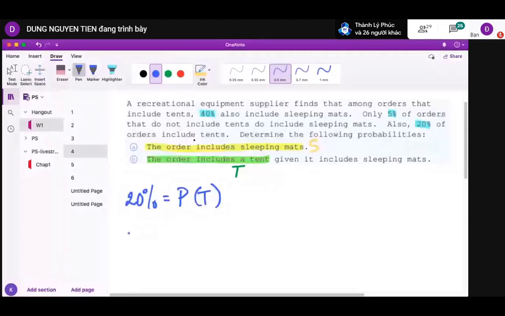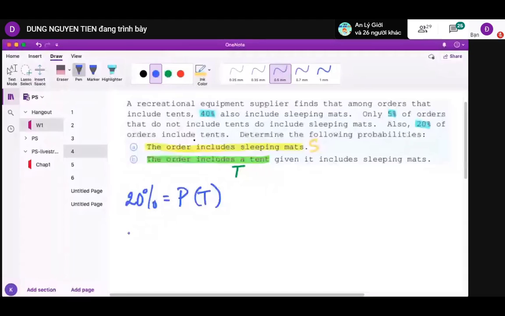So given that it includes a tent, the probability that it also includes a sleeping mat is 40%. Similarly, 5% is the probability of S given T bar. If an order does not include a tent, then the probability that it includes a sleeping mat is only 5%.